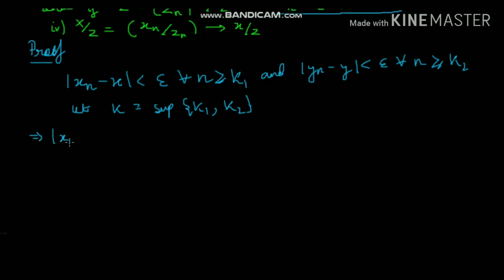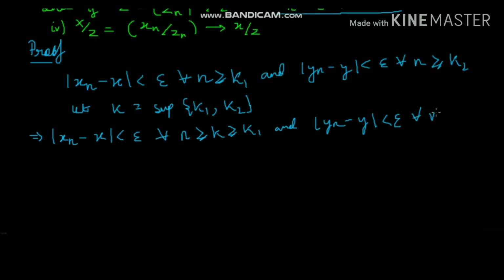So then the first inequality comes out to be the mod value of xn minus x is less than epsilon for all n greater than or equal to k. Can we write this? Obviously we can, because k is itself greater than or equal to k1. Similarly, we can do it for the terms in y, and we can write that mod of yn minus y is less than epsilon for all n greater than or equal to k, which is further greater than or equal to k2.